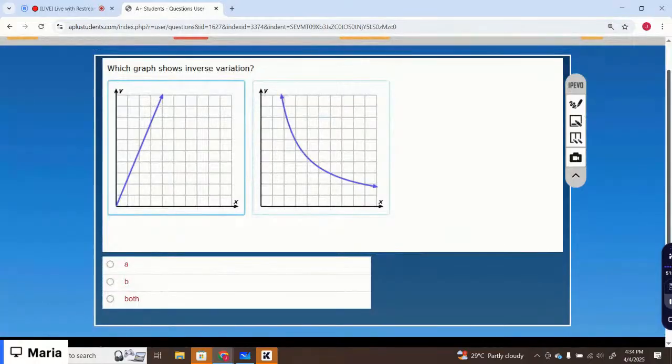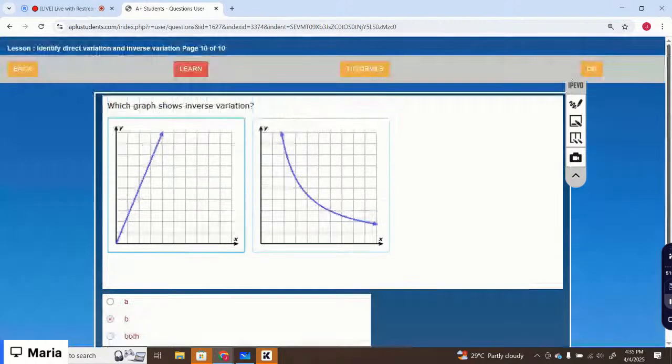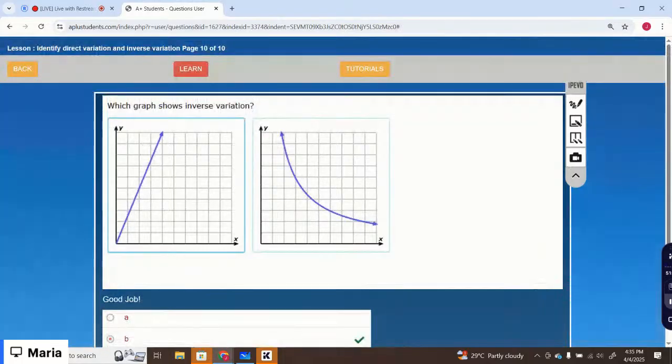Which graph shows the variation? B is the correct option.